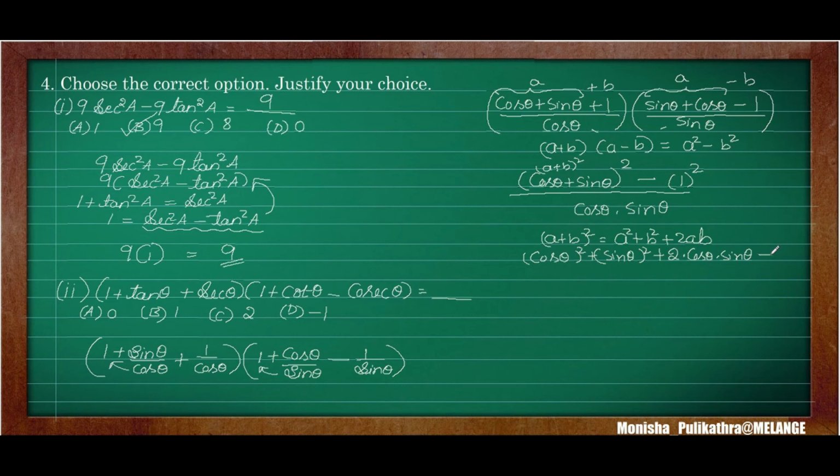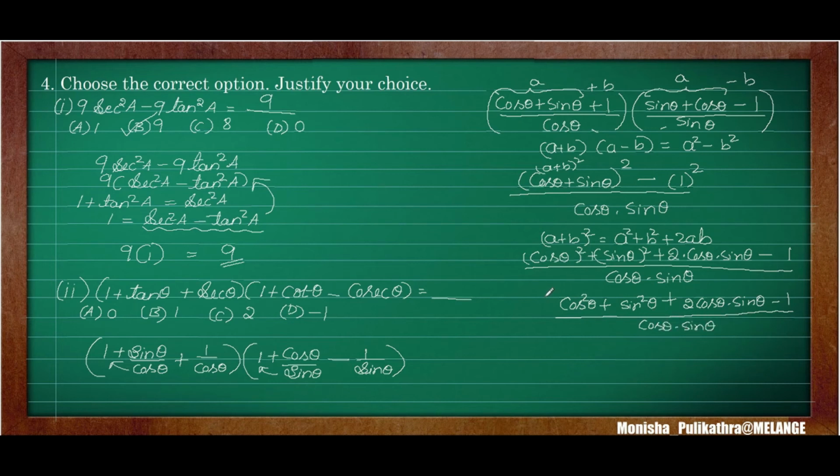Next minus is there, 1 square is 1, whole divided by, write the denominator as it is, cos theta into sin theta. So cos theta whole square is cos square theta plus sin theta whole square is sin square theta plus 2 cos theta into sin theta minus 1 whole divided by cos theta into sin theta.